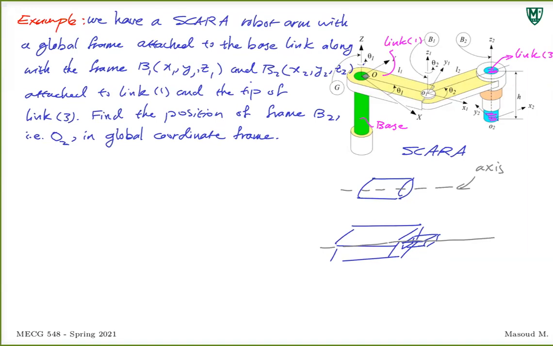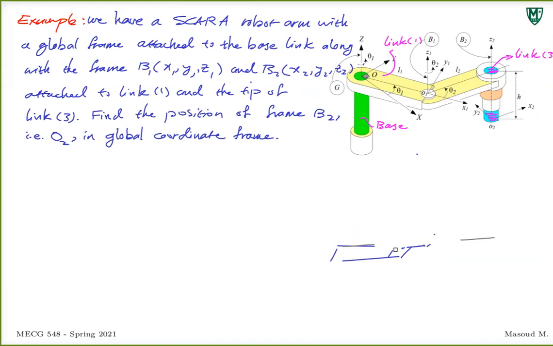So let me clean this up here. We do what we were doing. Just because now we are given some fancy notation and it's a robot arm doesn't change anything. We still have 3 coordinate frames and we want to go from the third one, B2, to G. The story doesn't change.